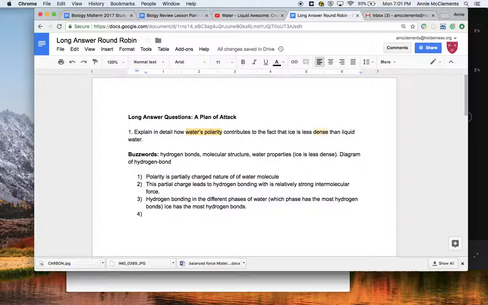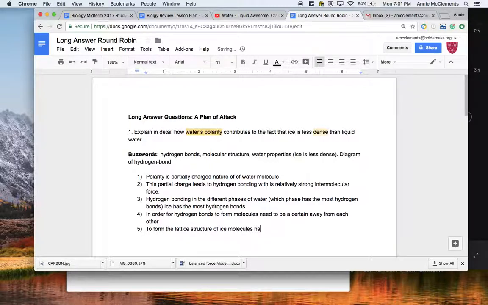And in order for the hydrogen bonds to form, the molecules need to be a certain distance away from each other. So in order to form the lattice structure of ice, right, the molecules have to spread out, right?